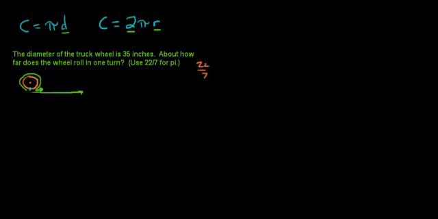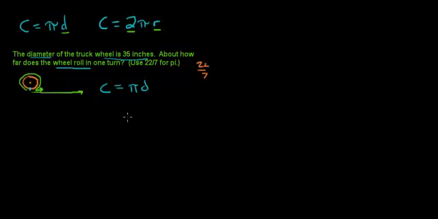Well, by unrolling it, we're finding the circumference of the circle. Now they tell us the diameter is 35 inches. So we're going to use circumference equals pi times diameter. And they tell us that for pi, we're going to use 22/7.